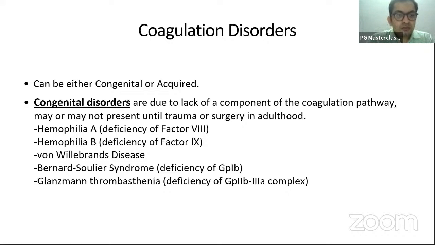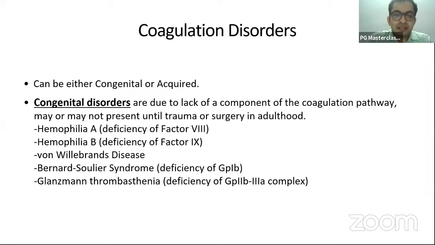Another form of hemophilia is hemophilia B, the deficiency of factor 9. Then there can be von Willebrand's disease due to deficiency of von Willebrand factor, which is necessary for platelet adhesion in the formation of the primary hemostatic plug. Other two syndromes associated with platelet dysfunction are Bernard-Soulier and Glanzmann's thrombasthenia.